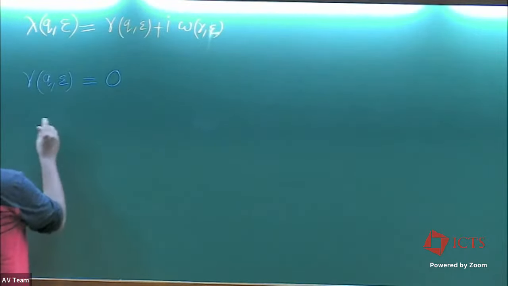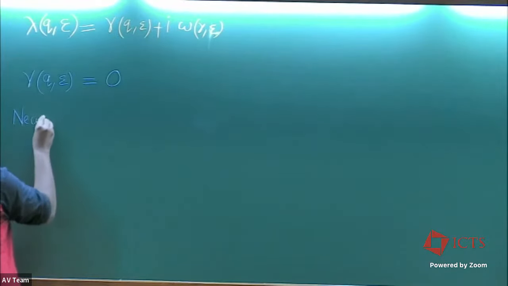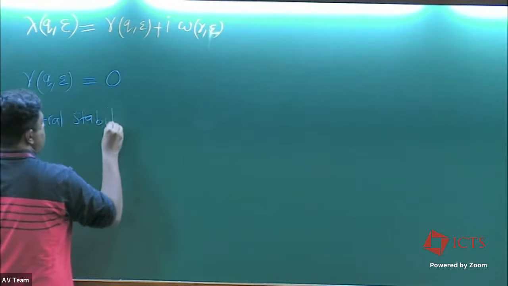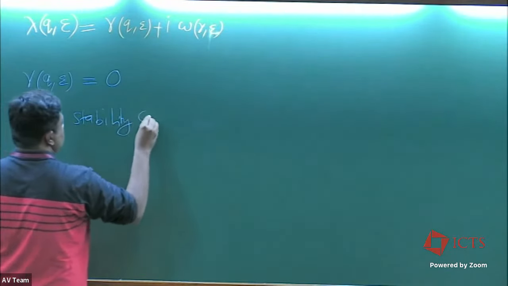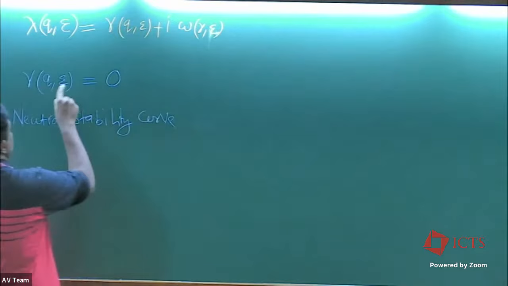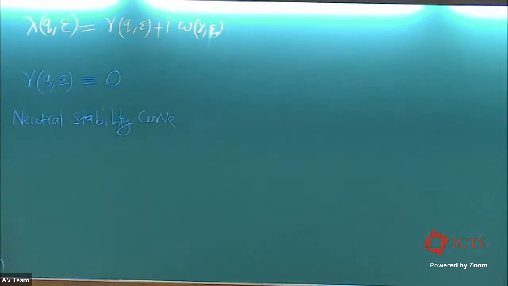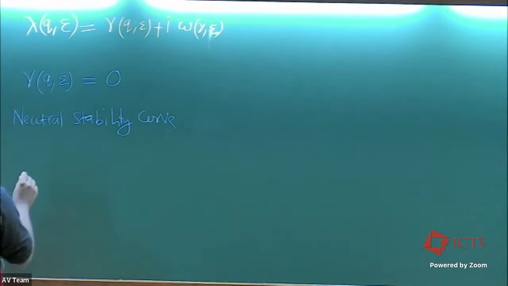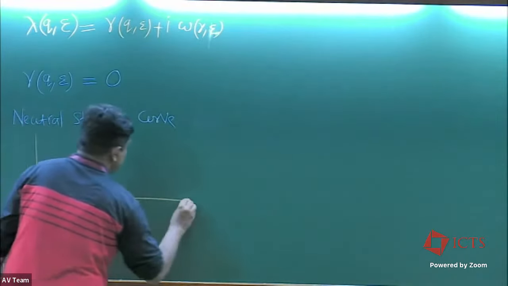So in fact, this is what is called the neutral stability criterion or neutral stability curve. I mean, curve if it's q and epsilon; if not, it's a surface in higher dimensions. So we'll calculate this for the Swift-Hohenberg model, but I just want to set up the abstract picture. So typically this will turn out to be something like that.